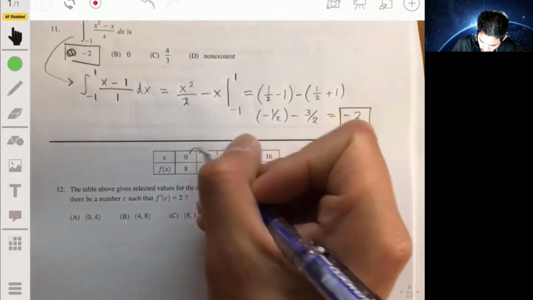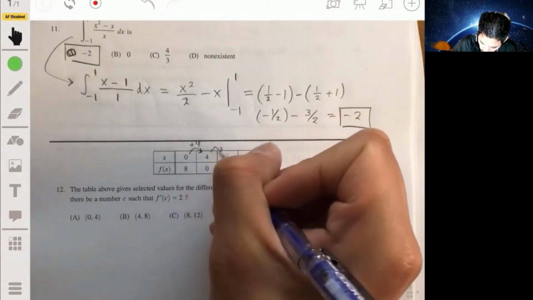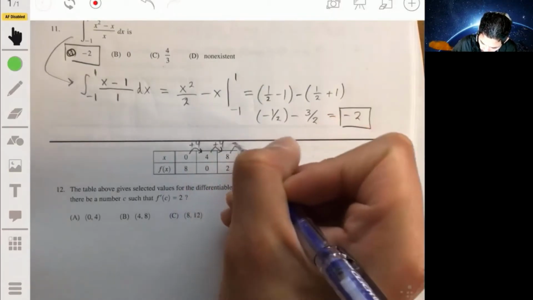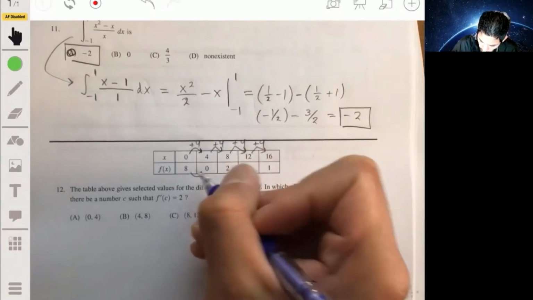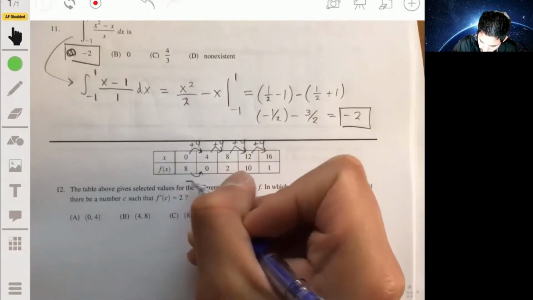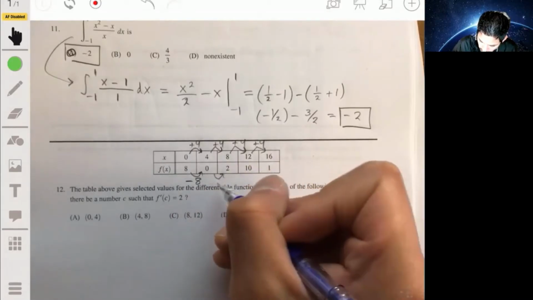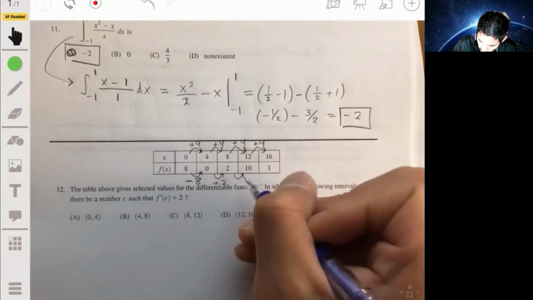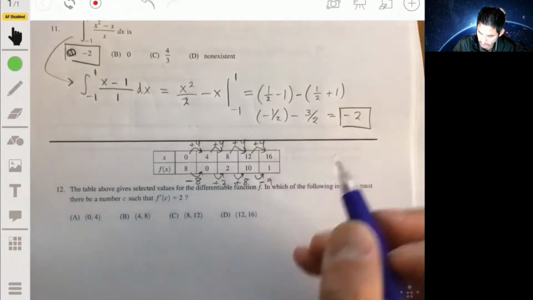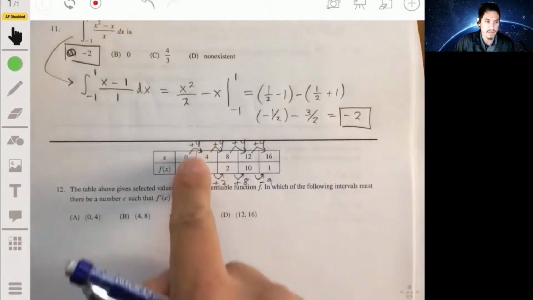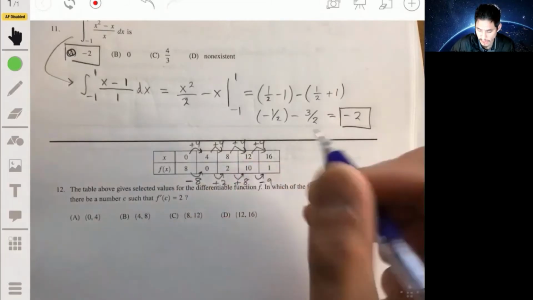So here, x is going up by 4, 4, 4. It's going up by 4 each time. Here, y goes down by 8, and it goes up by 2, and it goes up by 8, and it goes down by 9. So we look at basically the 4 slopes that we got here.